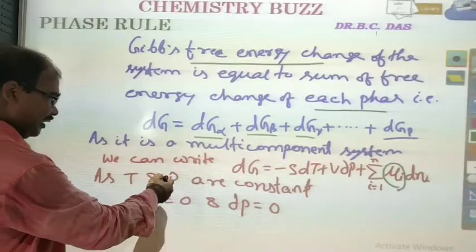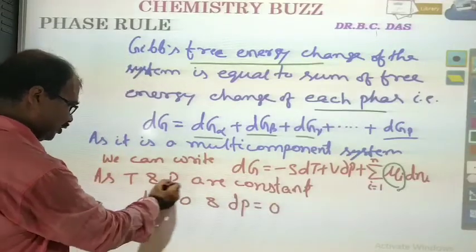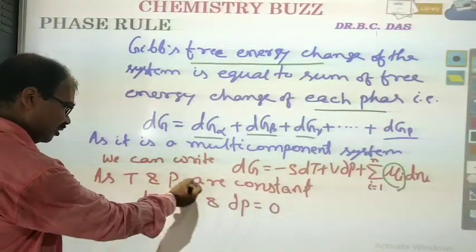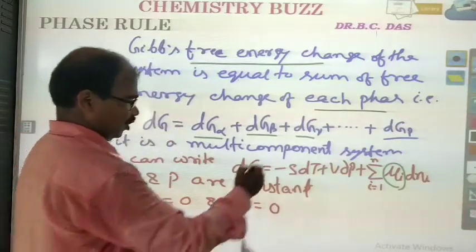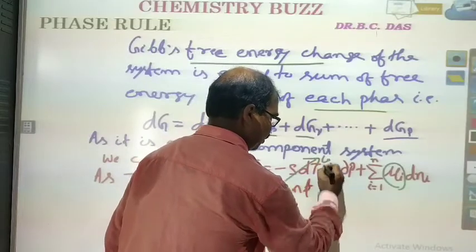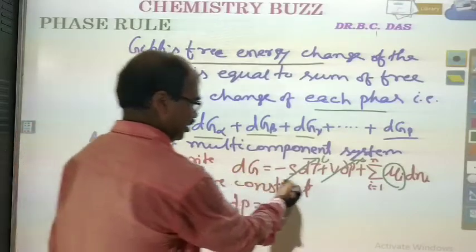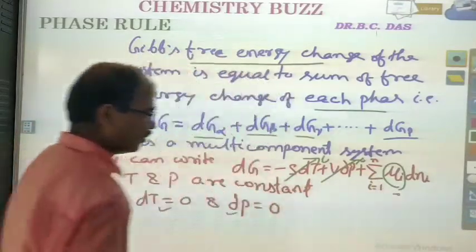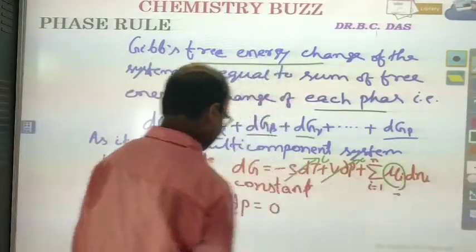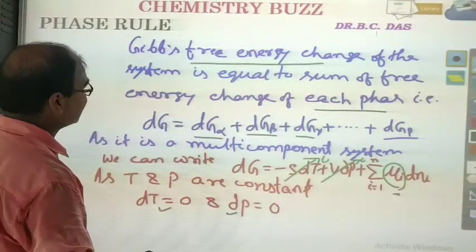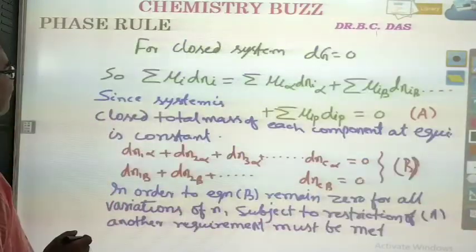As T and P are constant, the phases are in equilibrium. So for equilibrium, the temperature and pressure are constant. When temperature and pressure are constant, dT is equal to 0 and dP is equal to 0. So your S dT tends to 0 and V dP tends to 0. So your dG is equal to the summation of mu i dni, where mu i is the chemical potential of the component i.